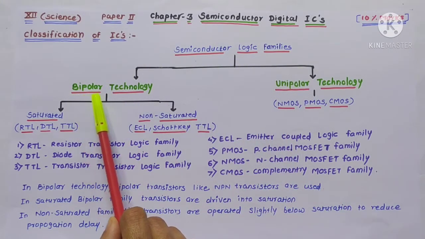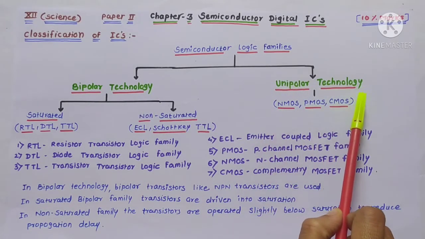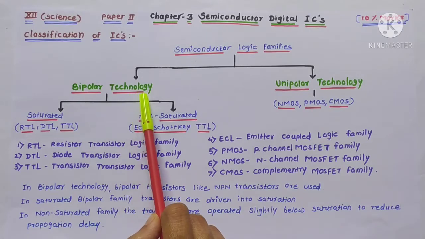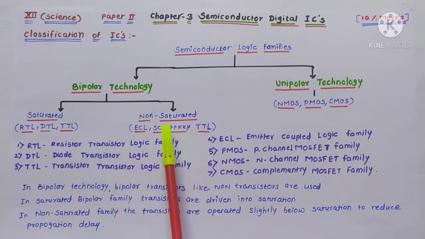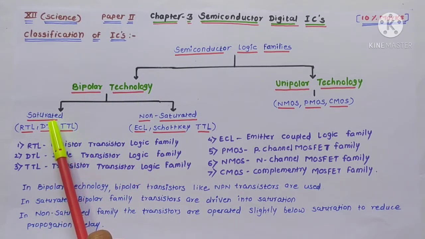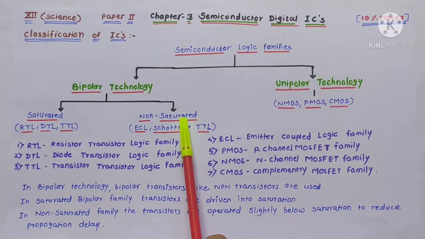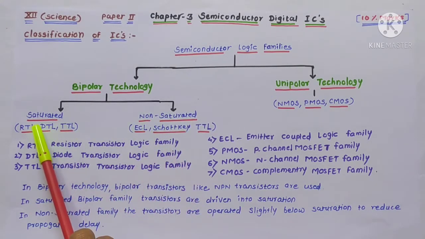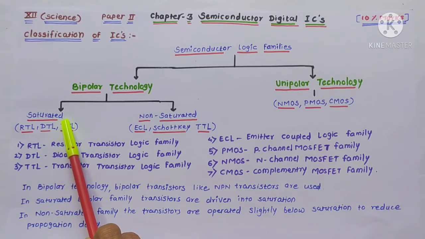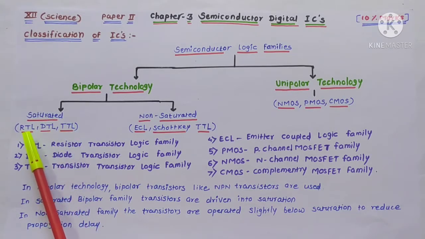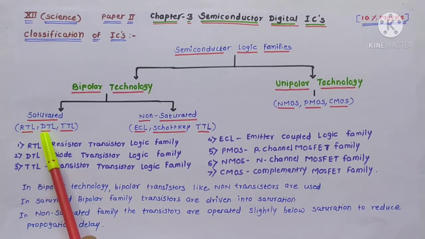The first one is the bipolar technology and the second one is the unipolar technology. In bipolar technology, there are two subgroups, saturated bipolar technology and non-saturated bipolar technology. In saturated bipolar technology, there are three subtypes: RTL, DTL, TTL.